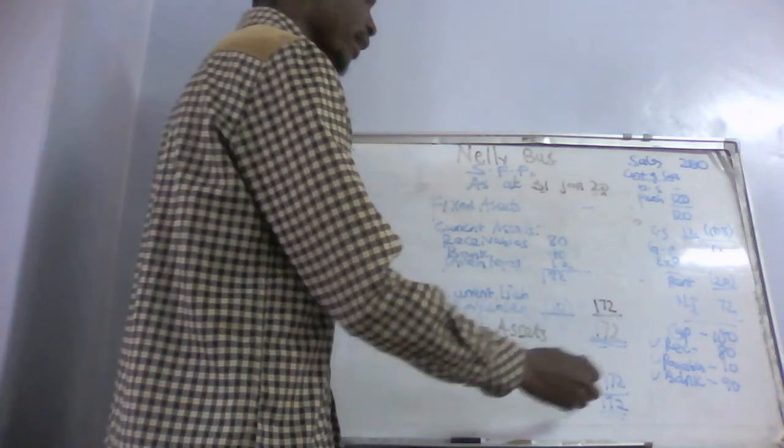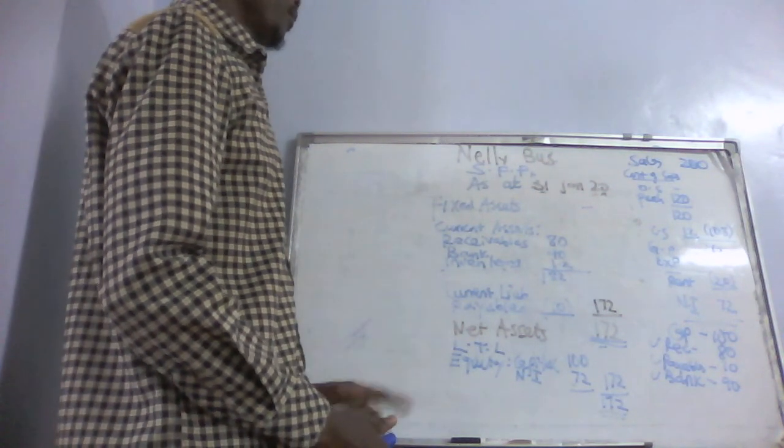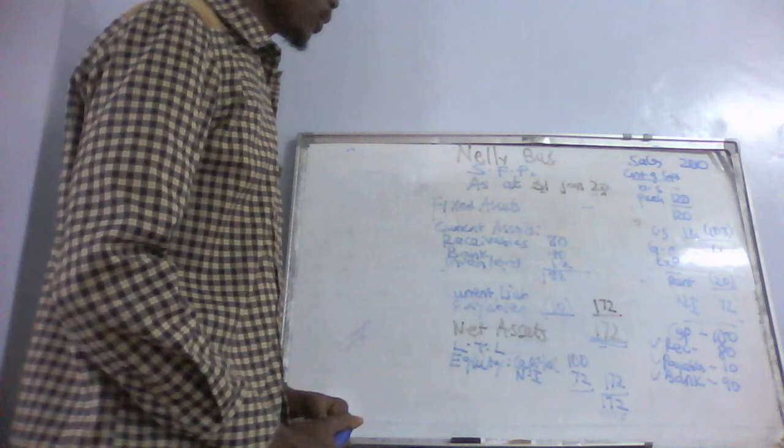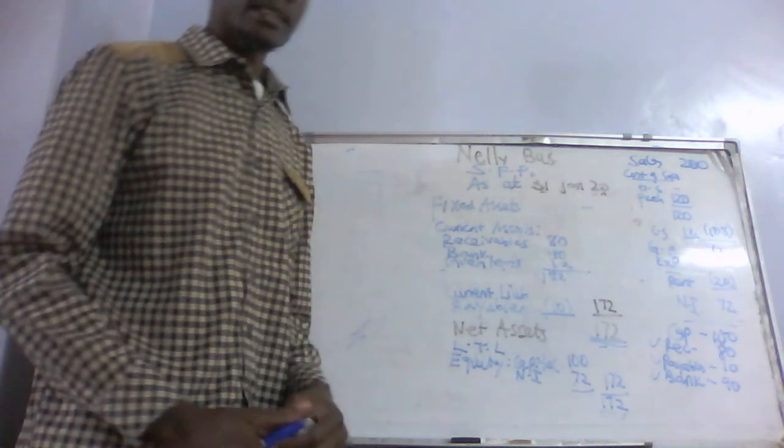We may have only earned 72,000, but that does not mean that our worth is 72,000. So this one is financial performance, but this one is financial position. So that is how we prepare a statement of financial position, and also the purpose that it serves.